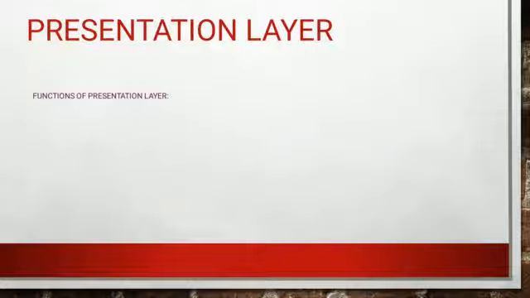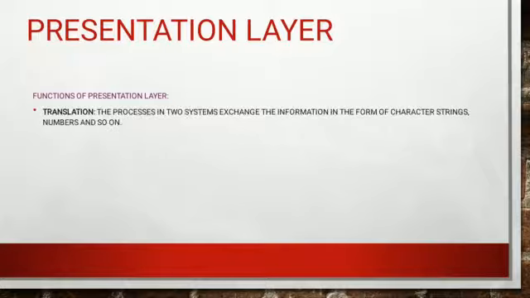What are the functionalities of presentation layer? So, first thing is translation. So, translation means to avoid the theft of our data. We will translate our data by using encapsulation methods.